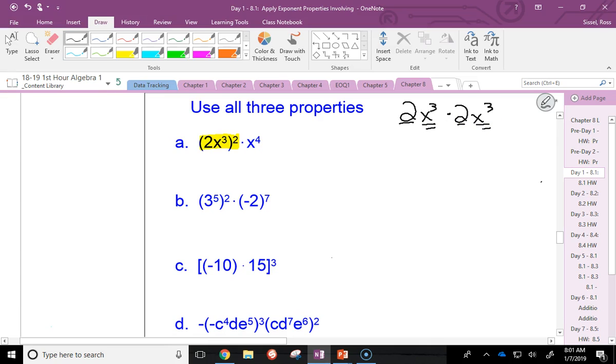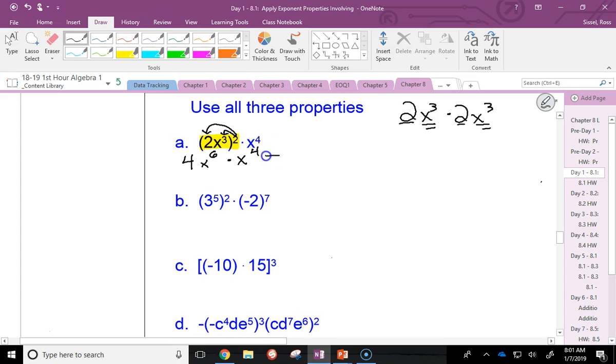Because then I just do the common things. 2 times 2 is 4, and then x stays the same and add the 3, so x to the third. Or, we distribute it. 2 squared is 4. X cubed squared, you multiply your exponents, so x to the 6th. And then I still had times x to the 4th power.